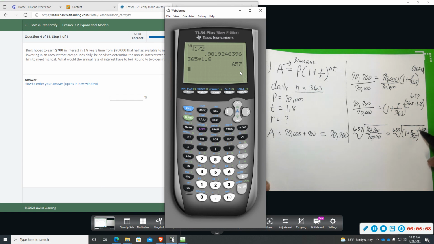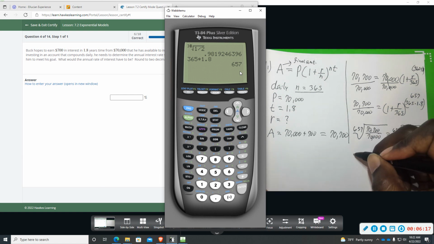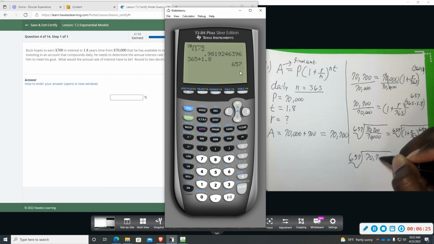So the 657 power and root cancel out. It just came from the 365 times 1.8. And then over here, I don't know what that equals, so I'm going to continue to leave it like that. The 657 root of 70,700 over 70,000.